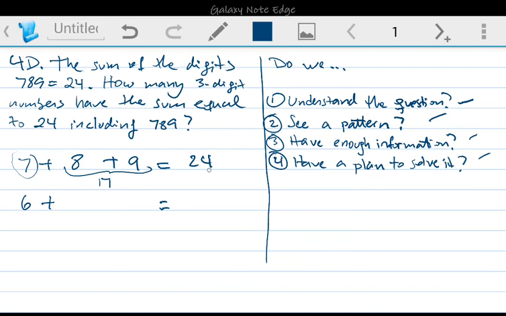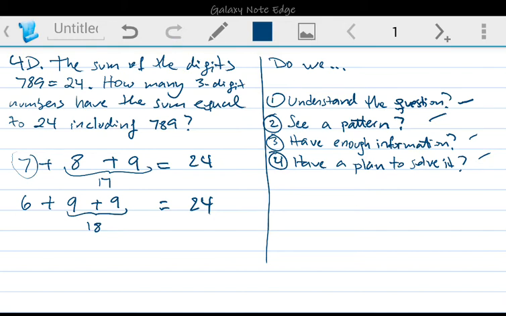Or we can do 24 minus 6, which is going to be 18, right? So what two numbers added to each other gives me 18? Well, 699, because 9 plus 9 equals 18, plus 6 is 24.